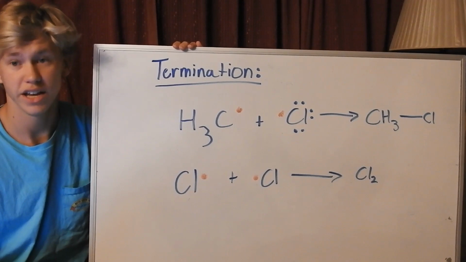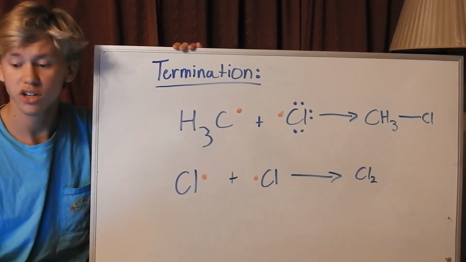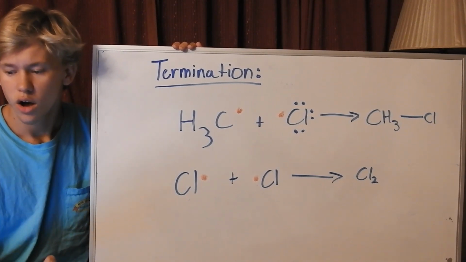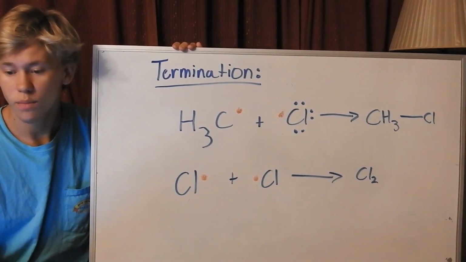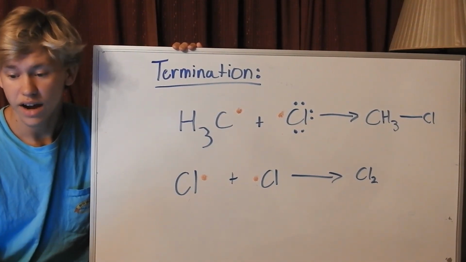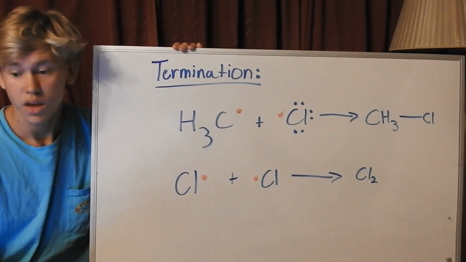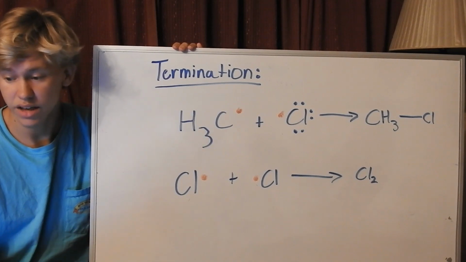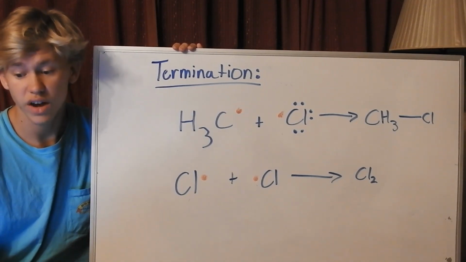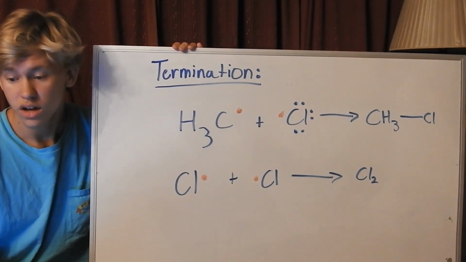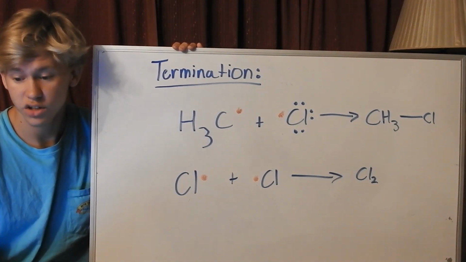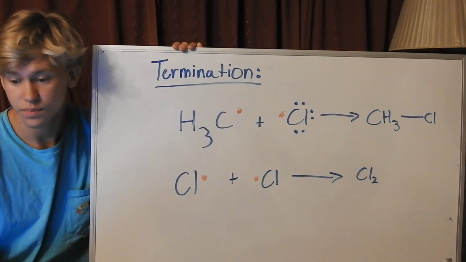Finally, we have termination. Chain termination occurs when two free radical species react with each other to form a non-radical stable adduct. Although this is a very thermodynamically downhill event, it is also very rare due to the low concentration of radical species and the small likelihood of the two radicals colliding with each other.